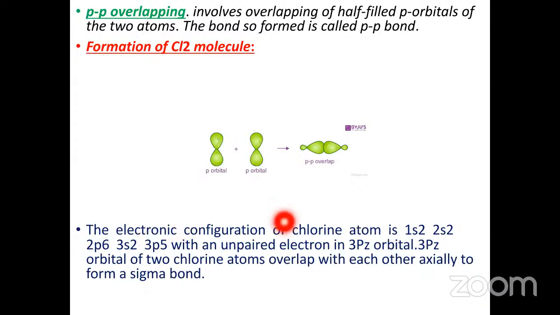It has one unpaired electron in the 3pz orbital. So the 3p orbitals containing the unpaired electrons of two chlorine atoms overlap each other axially to form a sigma bond, forming the Cl2 molecule.